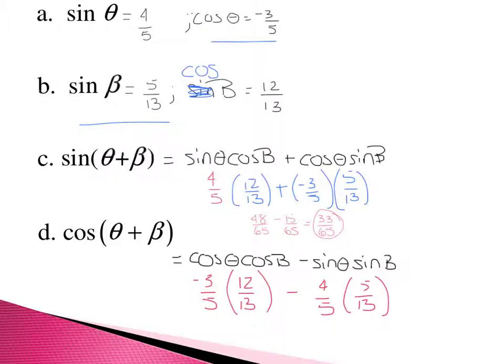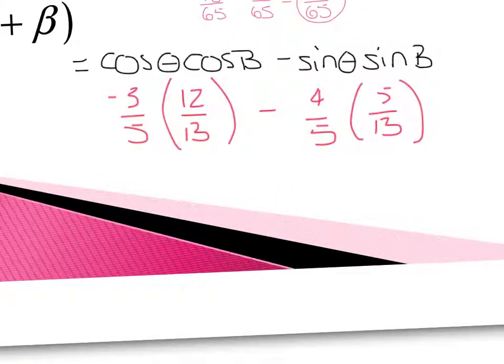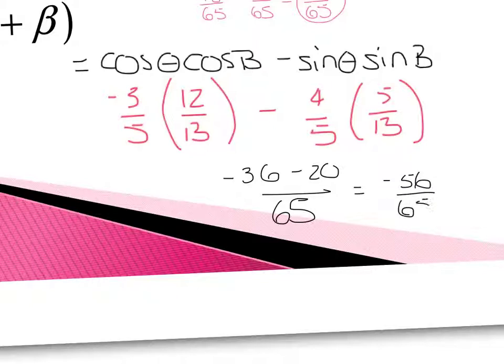Now let's simplify what we have here in the denominators. We are going to have 65 because that's what we had at the top. Then I'm going to have minus 36 minus 20 equals -56/65, and that's already simplified.